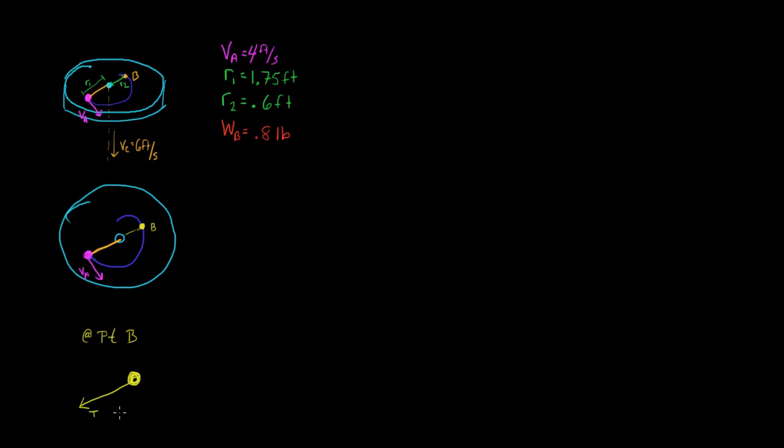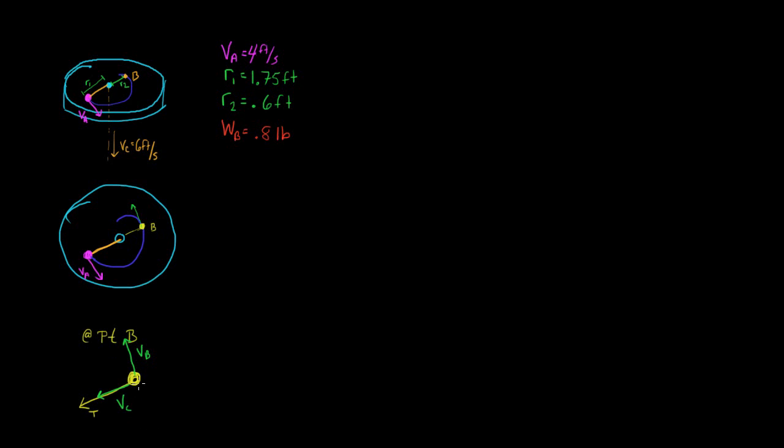So this is going to be its tension force, and it's going to have two components of velocity. It's going to have some component of velocity from its velocity VA. So its velocity, we'll call it VB, is going to be somewhere along like this, tangential to its path, and it's also going to have a velocity C, which is pulling it towards the middle of the table, and this is the velocity C.